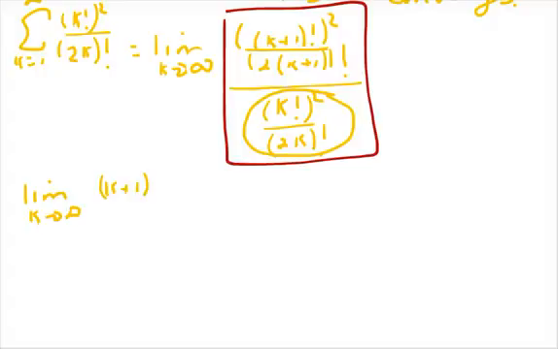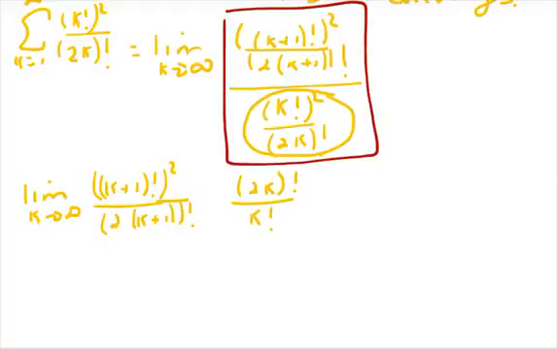So it's (k plus 1) factorial squared over (2k plus 1) factorial times, and the denominator at the bottom here is going to flip up, so it's (2k) factorial over (k factorial) squared.